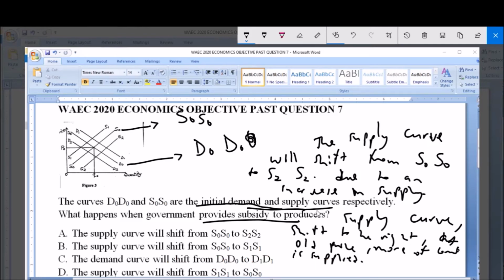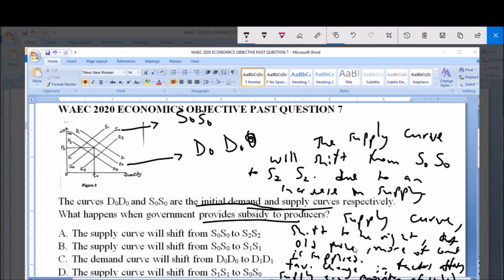Now, this shift to the right is usually due to a favorable change in factors affecting supply, e.g., provision of subsidy by the government.